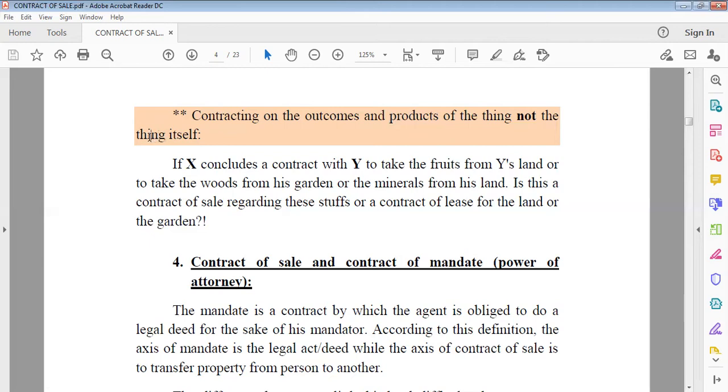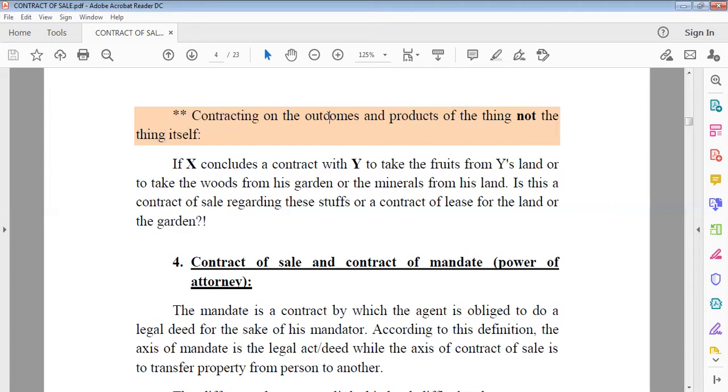So it will not be as it is. Every time I take products, it will start to vanish. So that's what I want to say here, that there is a difference between the outcomes and the products: the outcomes are given in a regular way and they do not affect the thing we are taking the outcome from. However, products are given in an irregular way, and if we take them, they will affect the thing as it will start to vanish.